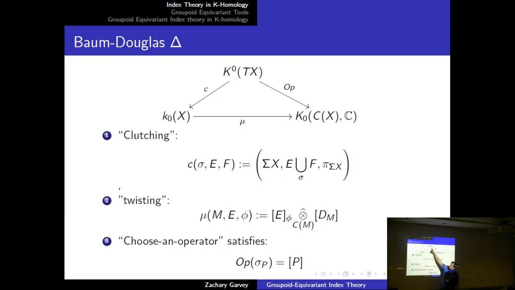So C takes a K-theory class up here, which is a bundle homomorphism that's isomorphic outside some compact set, between two vector bundles on TX. And what you do to get a compact spin C manifold is you take TX, take some metric on TX, and look at the ball bundle, and you glue the ball bundle to itself on its boundary.